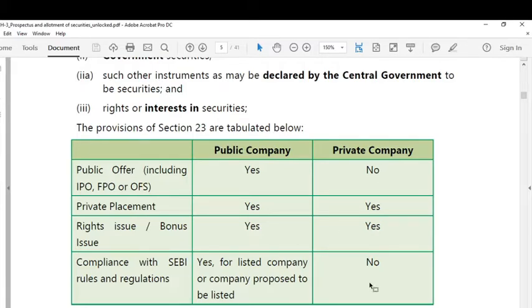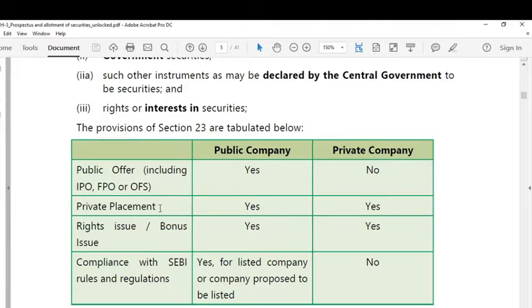If you see public offer, including initial public offer, further public offer, or offer for sale of securities, a public company only can do it, but not a private company. As you are already aware, a private company is prohibited from offering its securities to the general public.